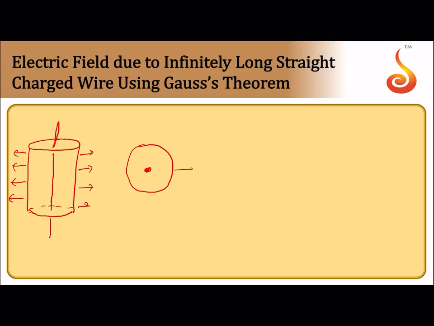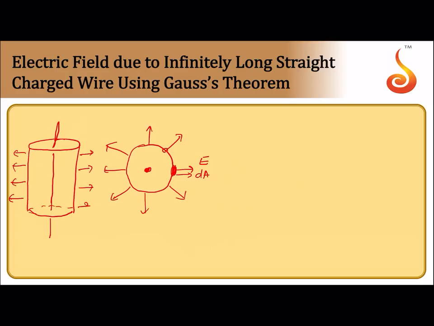So you may notice that this is the pattern of the electric field lines. Is that correct? Yes, beautiful. Now suppose this is my point under consideration. Electric field is along this direction. The area vector dA is also along this direction.